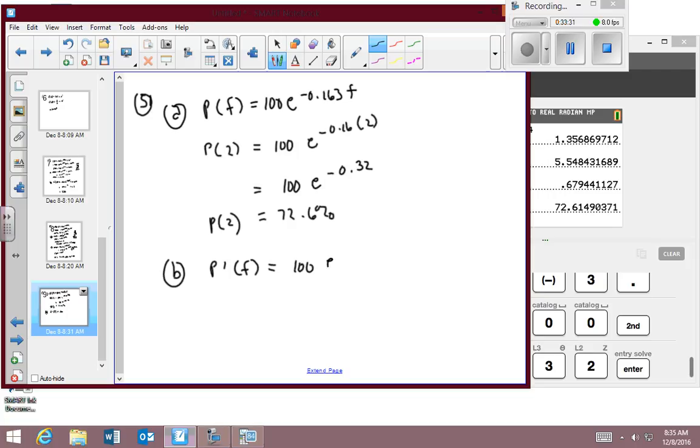So it's 100 e to the negative 0.163 t, and then the derivative of the exponent, which is negative 0.163. So that just moves the decimal 2 places over, so it's a negative 16.3 e to the negative 0.163 t.